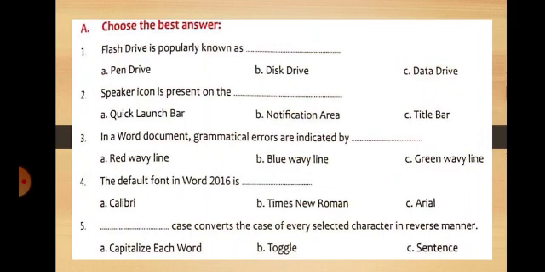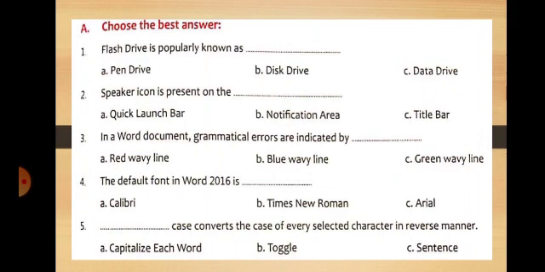And the correct answer is pen drive. Flash drive is popularly known as pen drive. Speaker icon is present on the dash. Options are quick launch bar, notification area, title bar. And the correct option is notification area because speaker icon is present on the notification area.